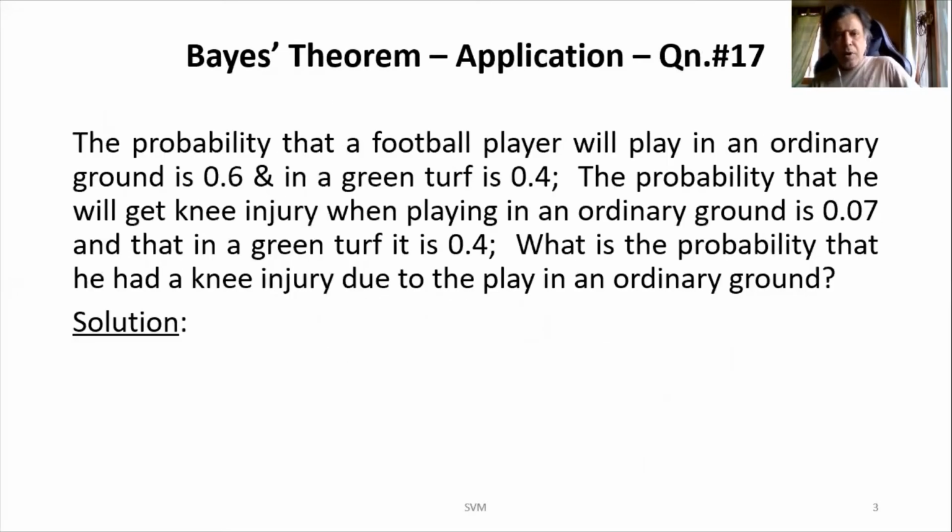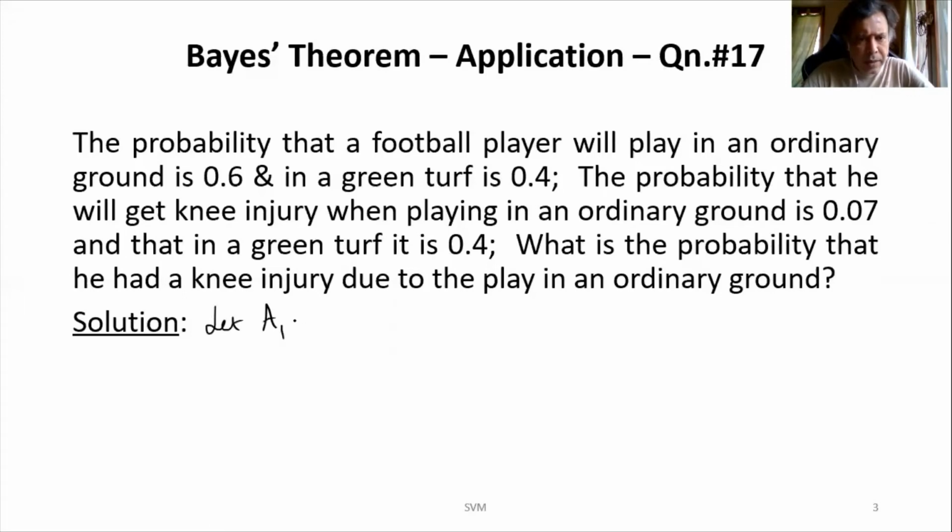Here, the probability that a football player will play in an ordinary ground is 0.6 and in a green turf is 0.4. So one thing is clear. Let me define two events.